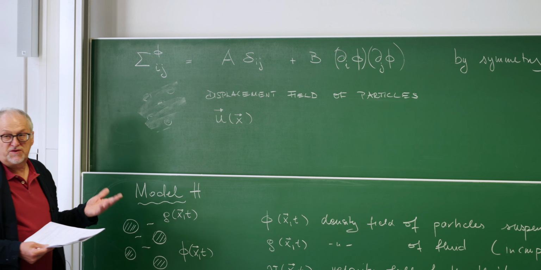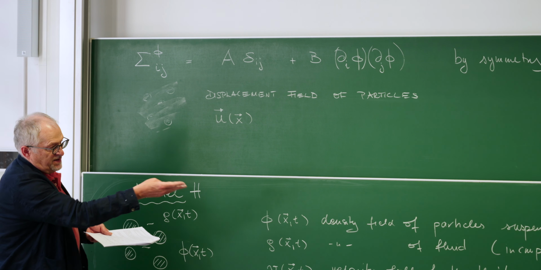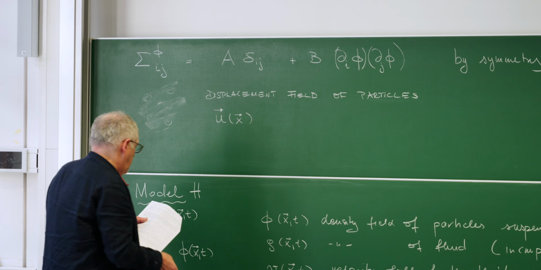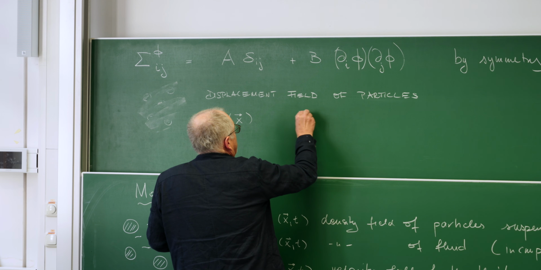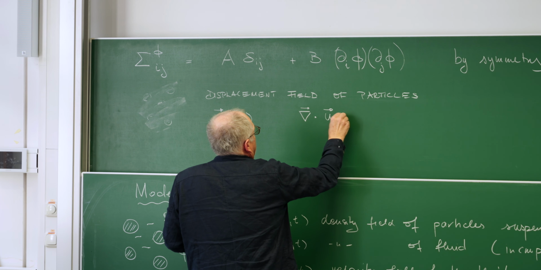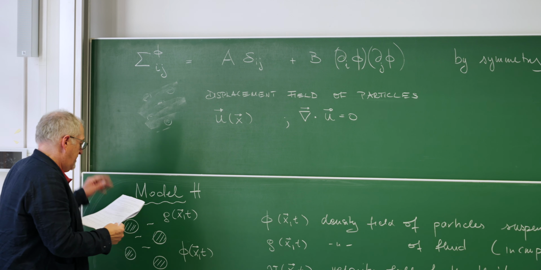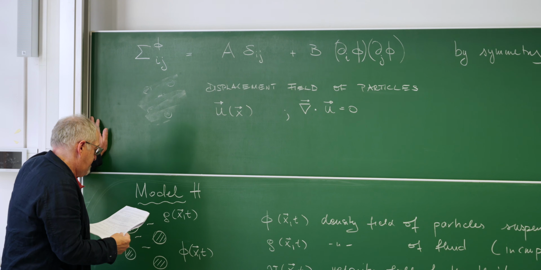Okay, there are certain constraints on this vector field. It's all embedded in a fluid. The fluid is incompressible, and that means the incompressibility condition is inherited. So the divergence of this u must be 0, such that this is possible.